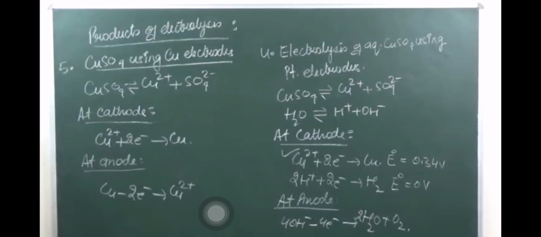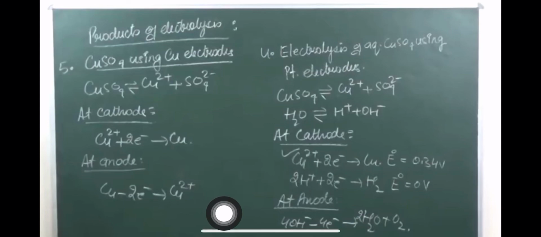After that we saw PbBr2, again the simplest form, where Pb and Br are formed. Then aqueous CuSO4: the product at cathode will be Cu, and at anode it will be H2O and oxygen. And if we use normal CuSO4 with Cu electrode, then this type of reaction will take place.